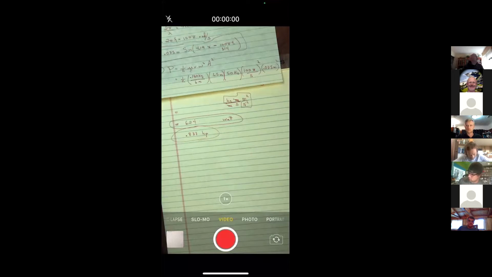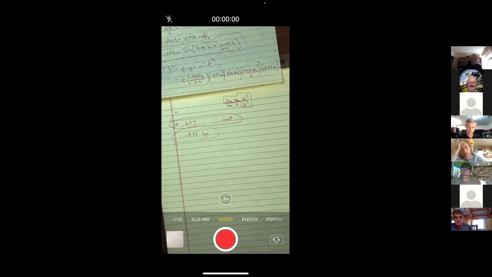Okay, so check the solutions here for B, and they got 625 watts. Good. Other than a small rounding difference and no horsepower, we agree.